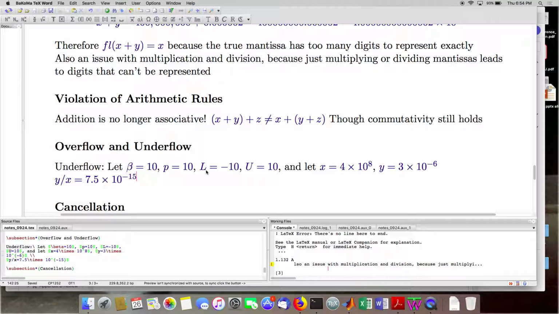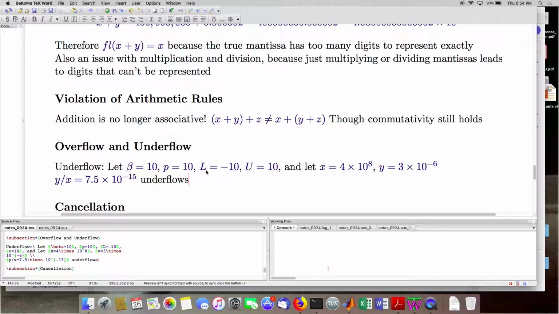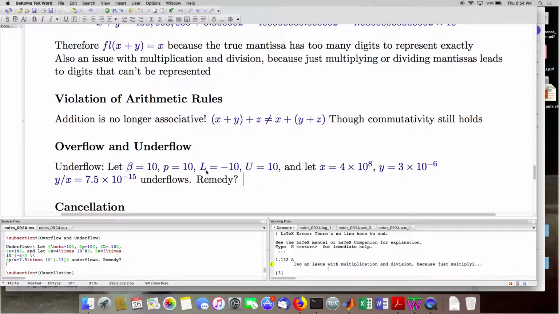So this underflows. What should our result be? What should we call this number?